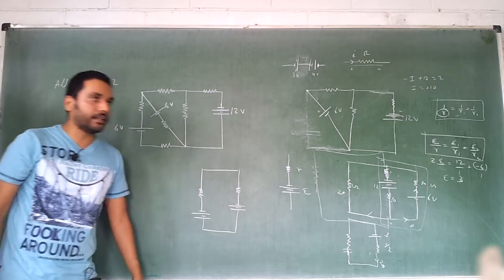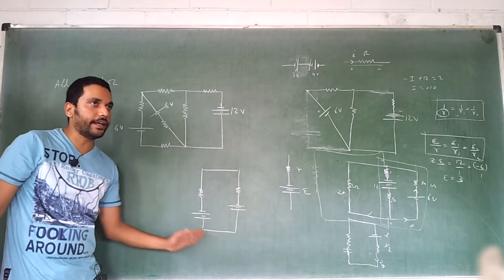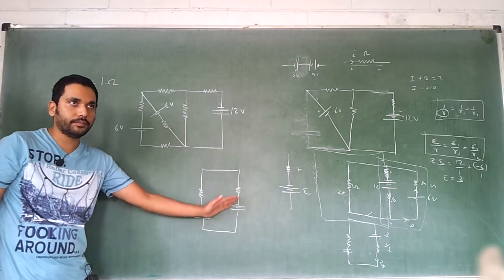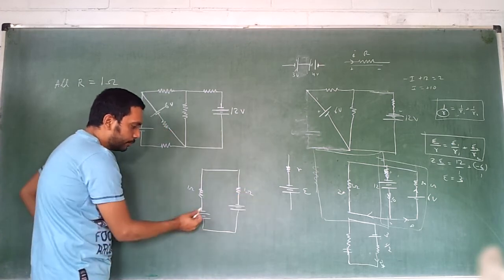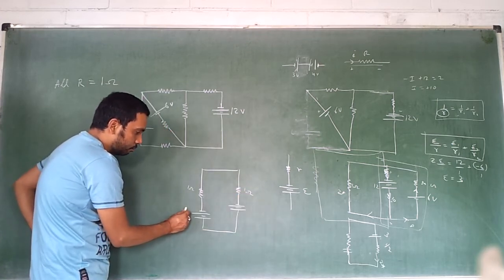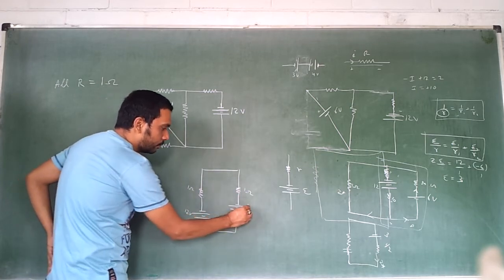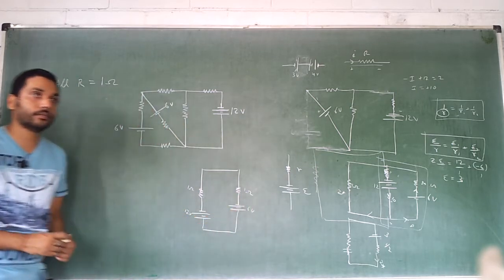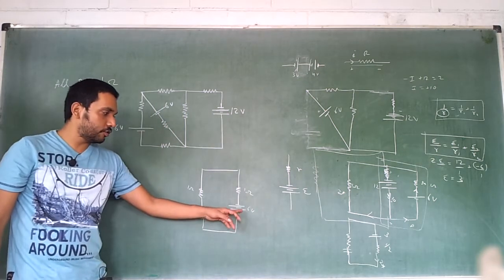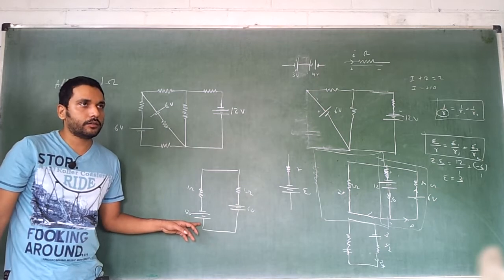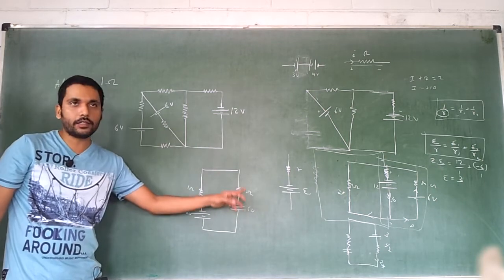These two together is a simple circuit with current going like this. I'll take some values, 1 ohm, say 12 volt, 6 volt. Okay, what is it effectively? 12 and 6 back to back, so they are effectively 6 volt battery with a 2 ohm resistance.